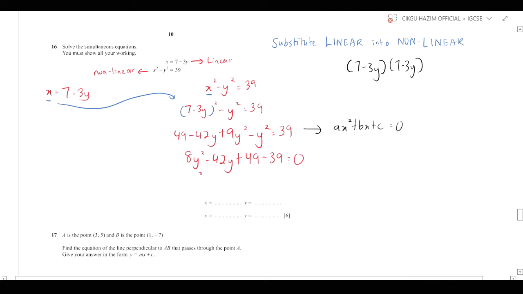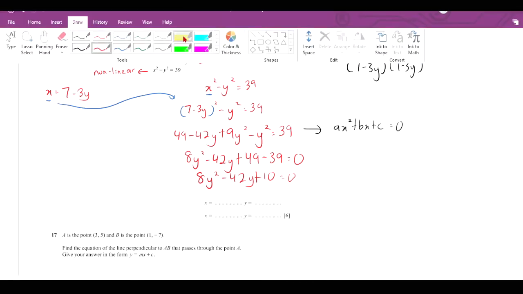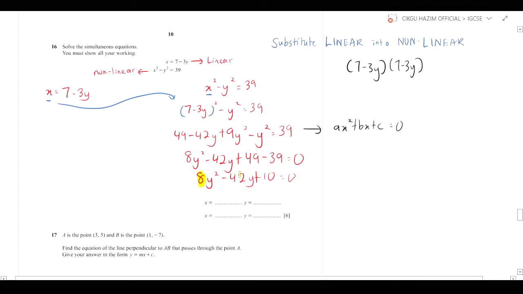Rearrange it again and simplify: 8y squared minus 42y plus 10 equals 0. You should know the values of a, b, c. The value of a is 8, b is negative 42, and c equals 10.